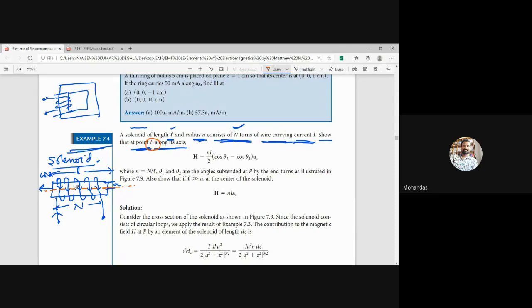Now let us assume this is the point P along its axis. What is the point P? A field point. What do you mean by field point? It is the point where magnetic field intensity is to be calculated. Along its axis, H is equal to n I by 2 into (cos theta 2 minus cos theta 1) into a_z.